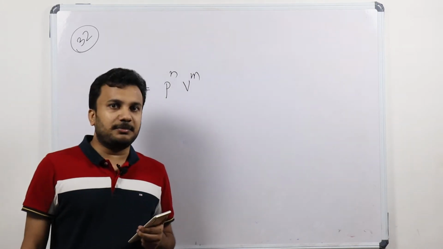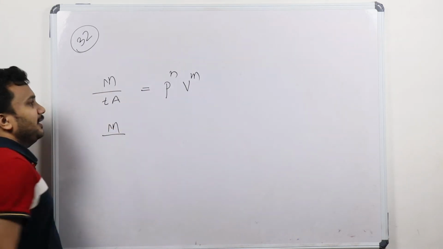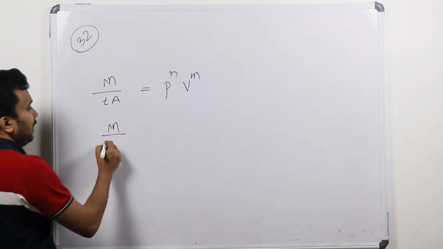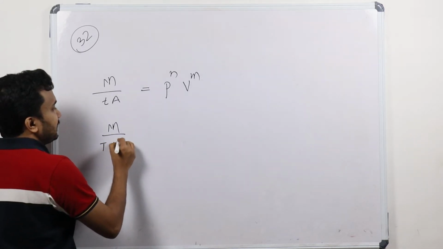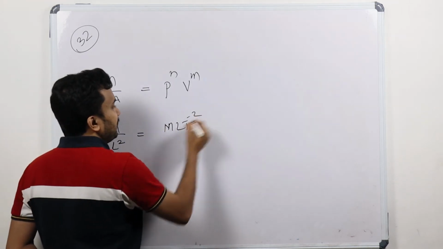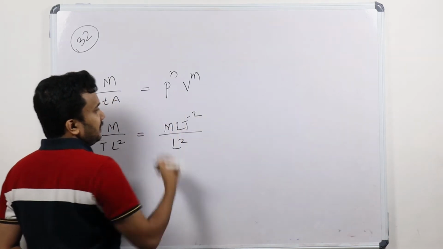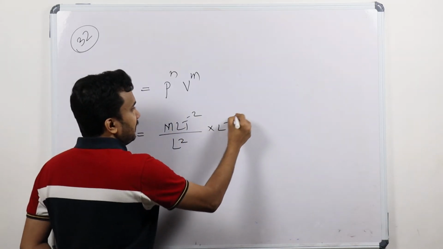So, we know the dimension formula of mass, M, time, T, and area, L square. This is equal to pressure, force per area. Force is M L T raised to minus 2, whole divided by area. Area means L square. This is velocity, so multiplied with L T raised to minus 1.